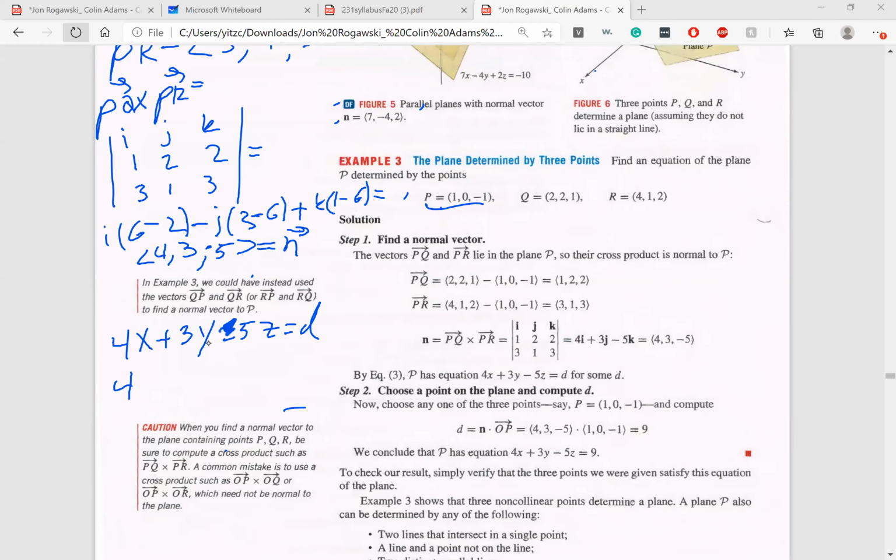Okay, so 4 and then plus 0 and then minus and then -1, so plus 5. And then this is equal to 9, which is equal to d. So d is equal to 9. So that tells me that the equation of the plane is going to be 4x plus 3y minus 5z is equal to 9. Okay?